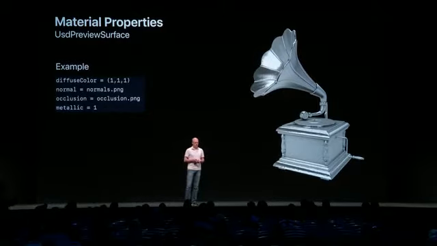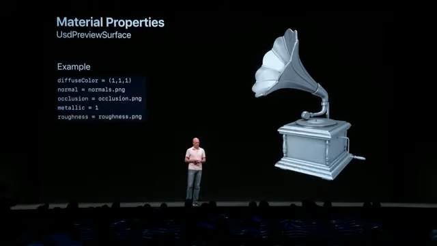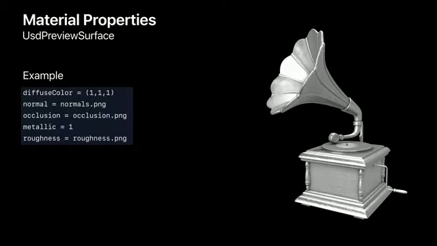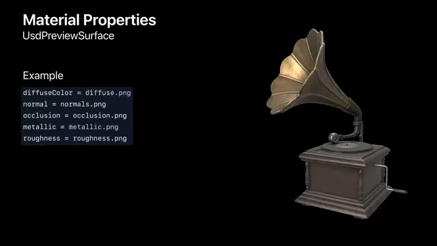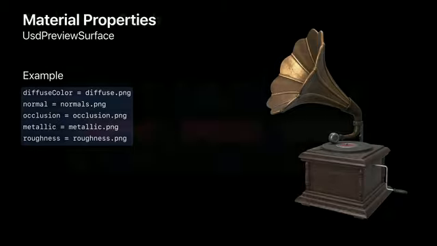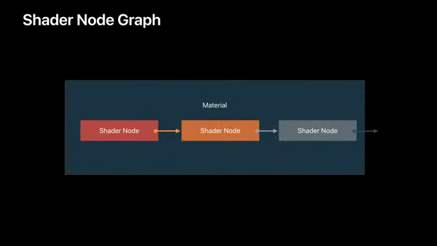And we will also add a roughness map to dull out parts of the object. Lastly, we will also set diffuse color and metallic textures. So with these 5 textures, we get the final beautiful photorealistic look of this mesh. So let's see how this is described in USD.